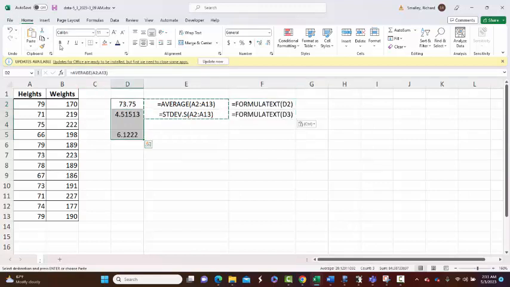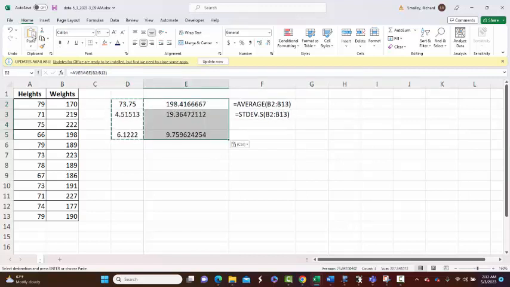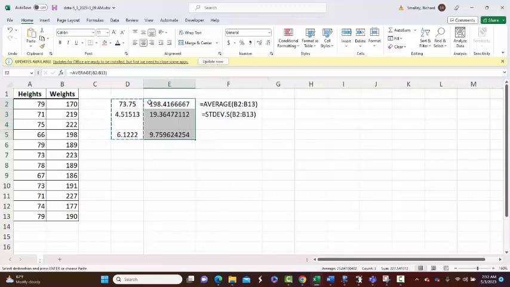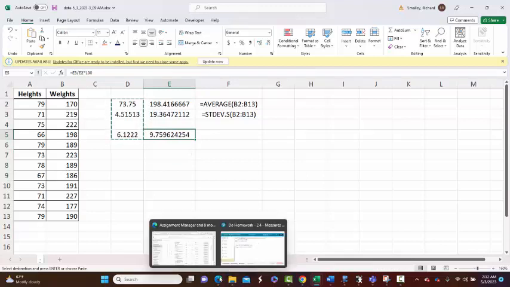Since I don't have the cells locked in with dollar signs, you see the formula automatically moves over to column B. So that's a neat little trick. When you do this, I highly recommend Excel for this one over the calculator, because that way you don't have to even retype. You copy it over, and here is your coefficient of variation right there at the bottom. To one decimal place, it'll be 9.8.